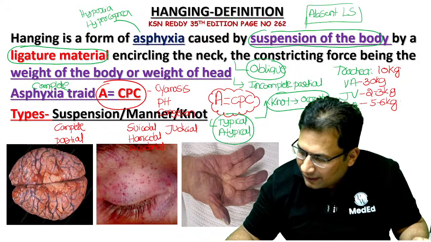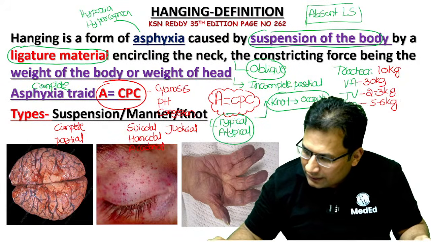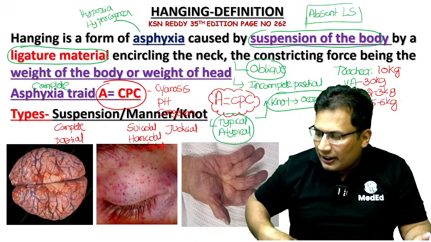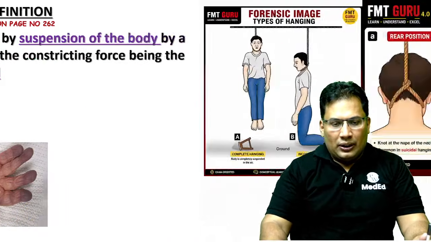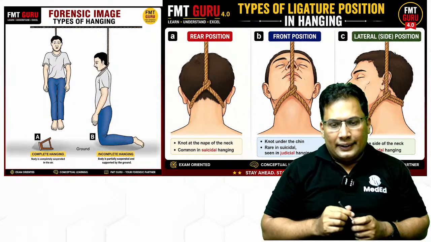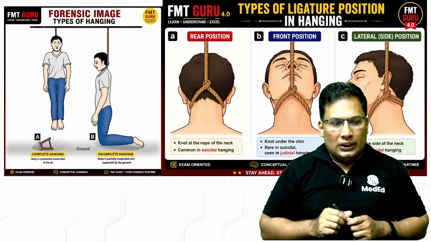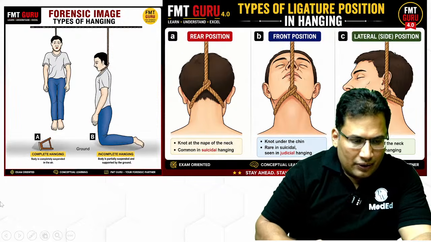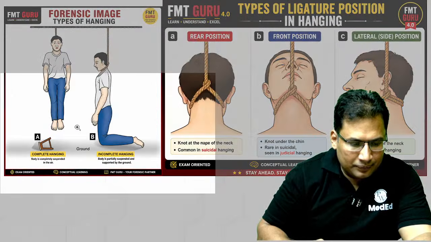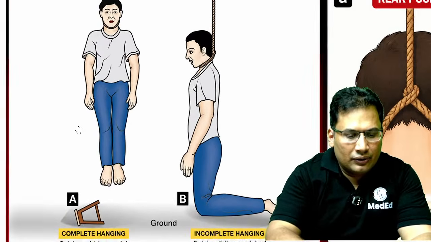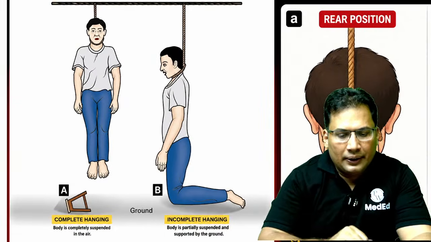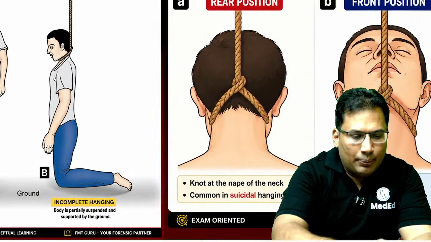Yes. ठीक है, Kushal Patil and others. That's okay. Chalo. Now you need to identify what are these types of hanging. Look at this. So this is complete hanging. You can see here. So this is complete hanging. This is incomplete hanging.